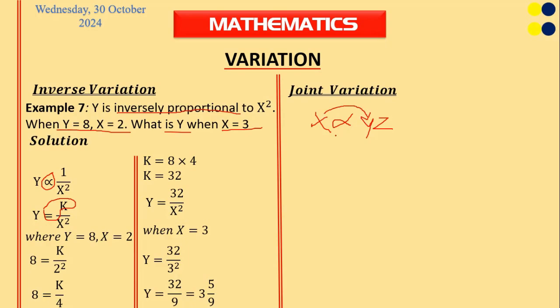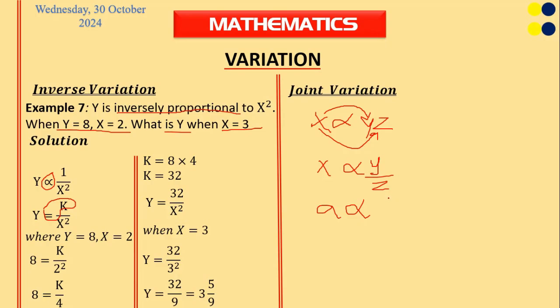In that case, x varies directly as y and x also varies directly as z at the same time, and that's why it's joint variation. Also, x can vary directly as y and inversely as z.